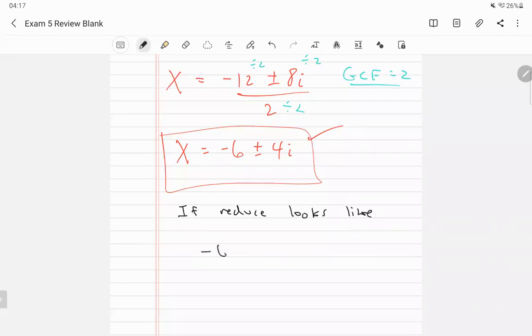so let's say it's 6 plus or minus i over 5. Okay, then they wrote it as -6 plus i over 5, comma, -6.